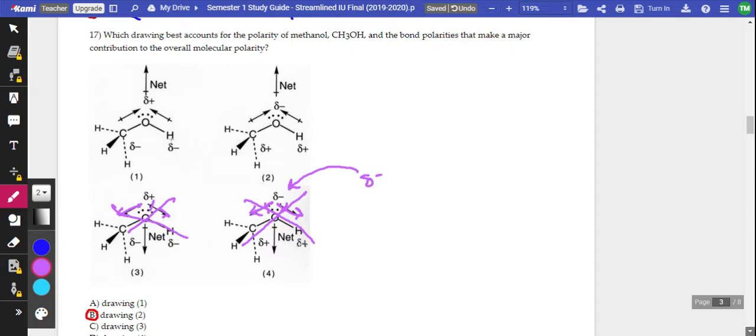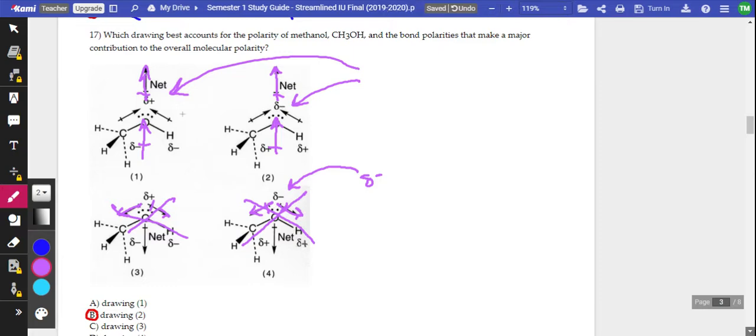Well, it seems like the only difference from drawing to drawing is these partial charges. The bond dipoles are indicating that oxygen is the most electronegative thing. It's pulling the electrons closer towards it, which is good. And overall we have a net dipole that is going up this way because of that pull of electrons towards the oxygen atom in these cases.